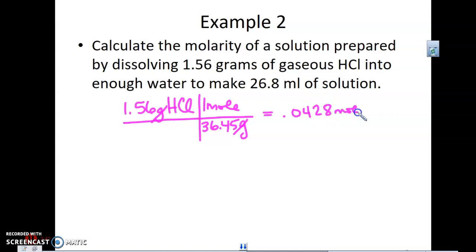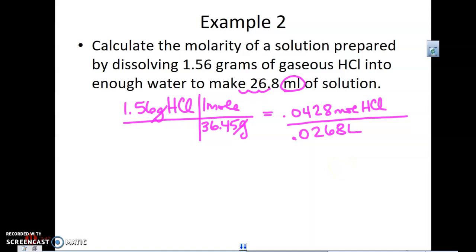0.0428 moles of HCl. Now, I'm going to divide that by the liters of solution. So notice we have milliliters, so I'm going to divide that by 0.0268 liters. Divide it by 1,000. 1,000 milliliters are in a liter.